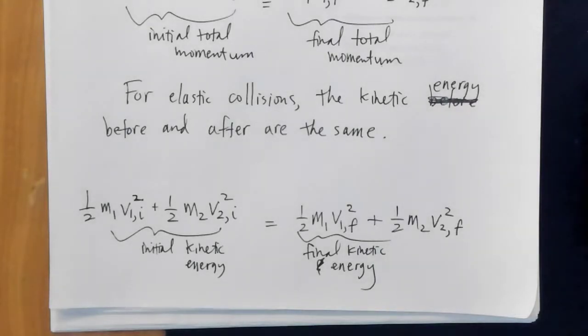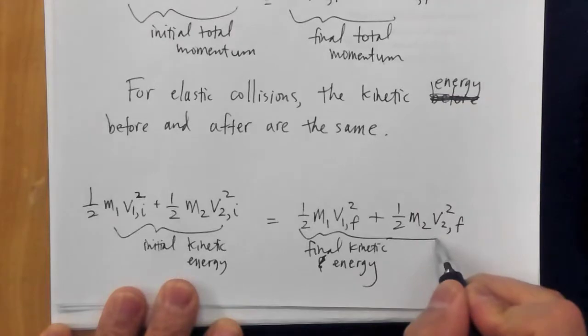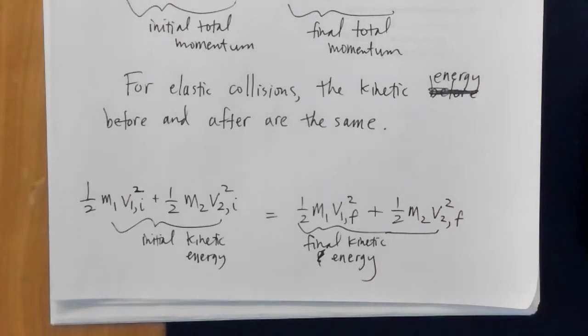Any questions about this? So in my notes, to make this short, I usually say kinetic energy is conserved. But that's not exactly correct, because when two objects collide, when they're touching each other, there's some conversion of the kinetic energy into potential energy of, let's say, the two springy objects that were colliding. Okay?